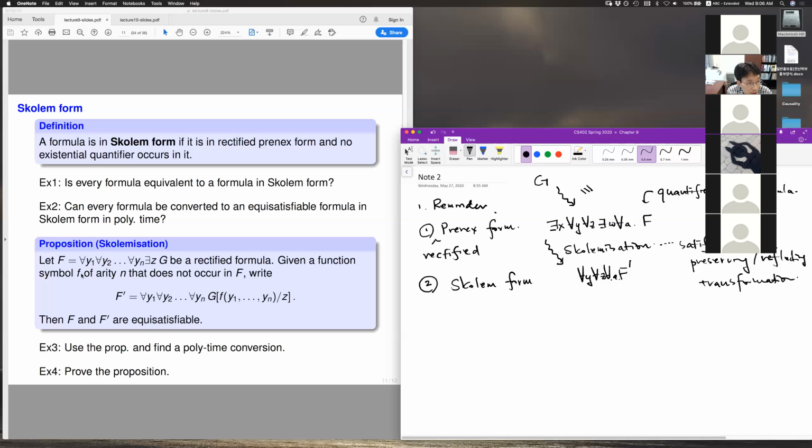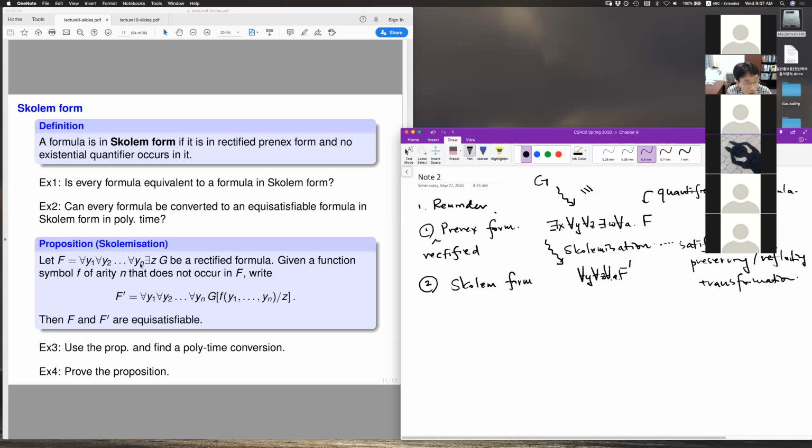What it says is that if we have a formula F, which has a bunch of universal quantification followed by existential quantification, and some formula G may have other universal or existential quantification itself, and the formula is rectified.